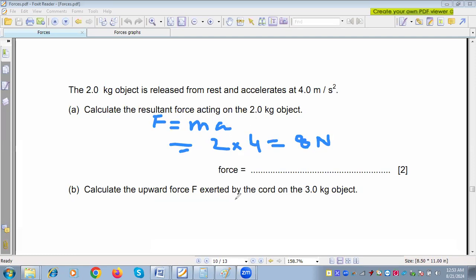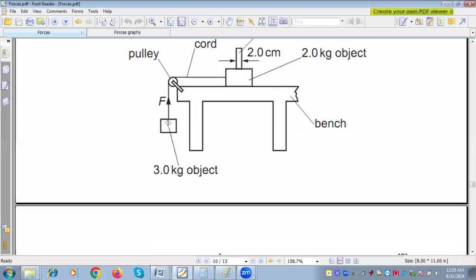Calculate the upward force exerted by the cord on the 3 kilogram object. We'll have to see the figure once again. Weight is acting vertically downward. In new papers, we have to take G equals to 9.8, but in this paper, because this is of 2022, we can take the value of G equals to 10 Newton per kg.